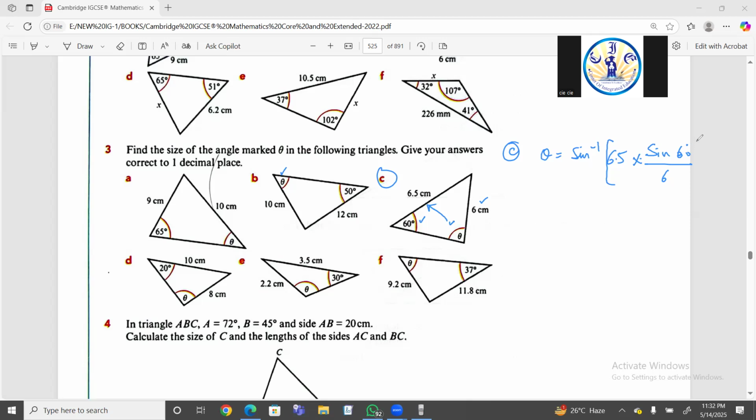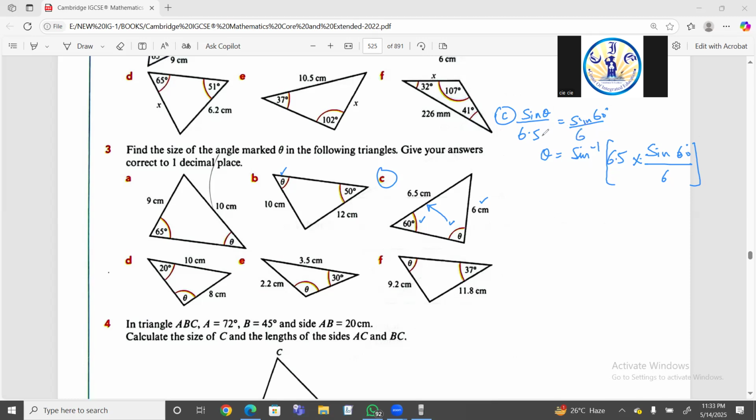So I can calculate it directly. Actually, okay, let me do the first step first, how I calculated this thing. Sine of theta divided by the side opposite to that, that was 6.5, is equal to sine of 60 degrees divided by 6.